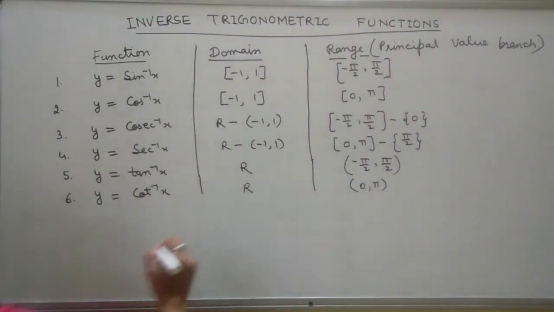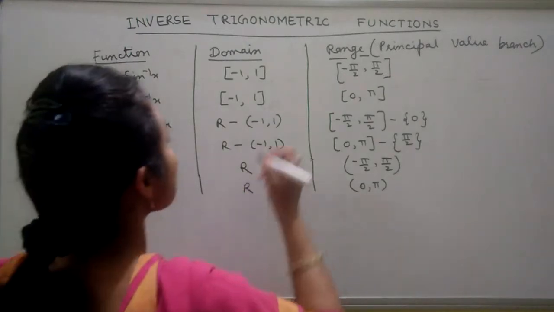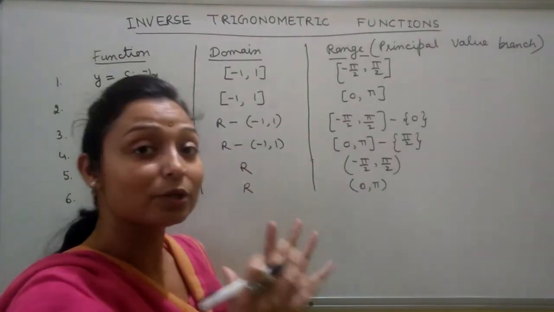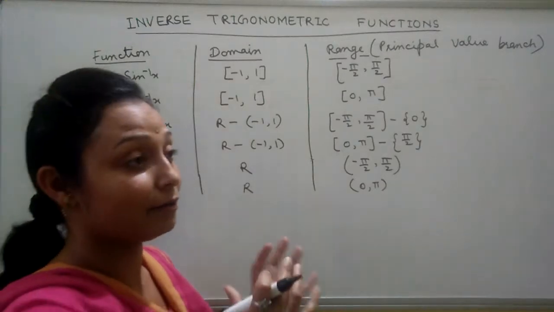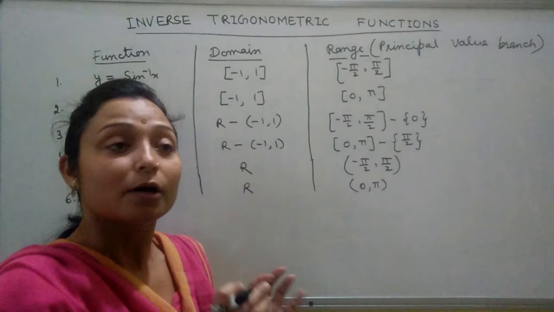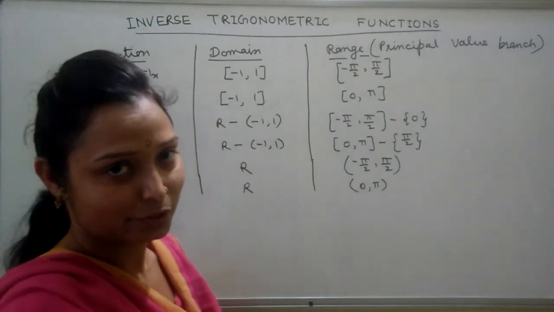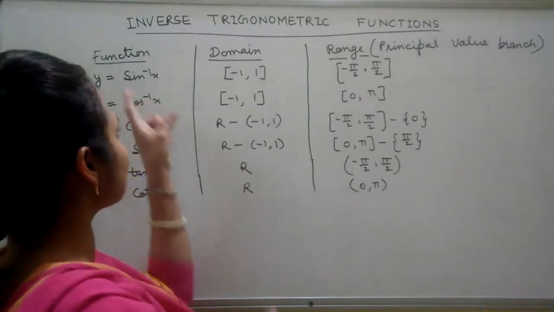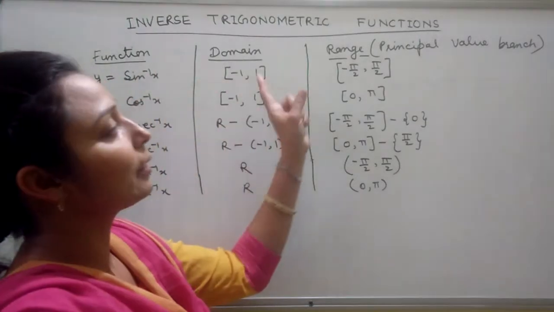So learn these domains and ranges. After learning them, we can solve the questions of principal values and other questions also. So these are the basic things for the functions: domain and range.